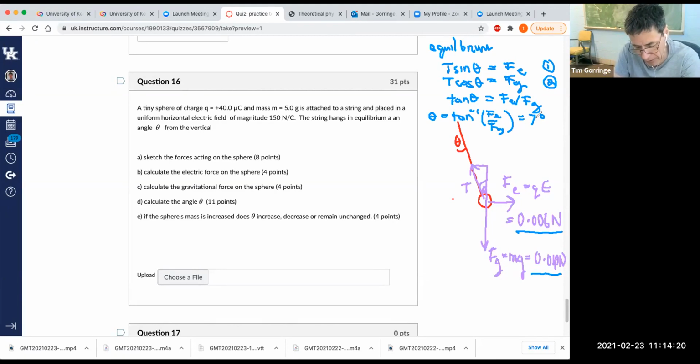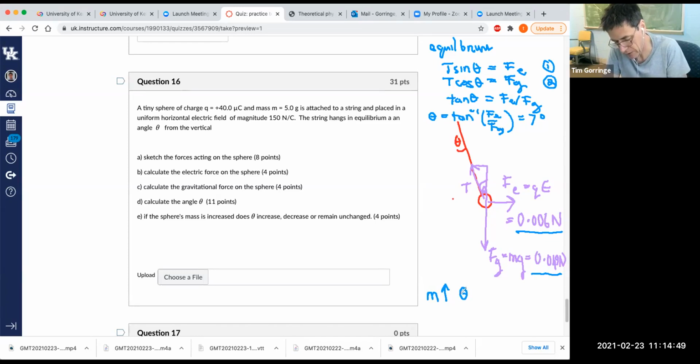Finally, part E says, if the sphere's mass is increased, does theta increase, decrease, or remain unchanged? If the mass goes up, that means that we're increasing the gravitational force. It means that we're reducing this ratio of forces of electricity to gravity, which would decrease theta.